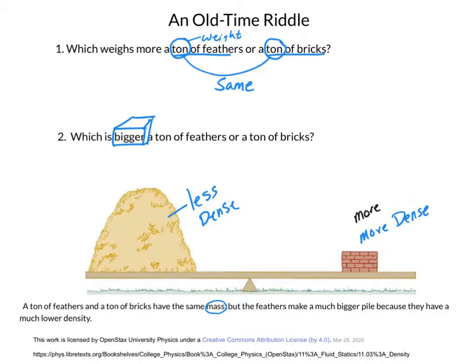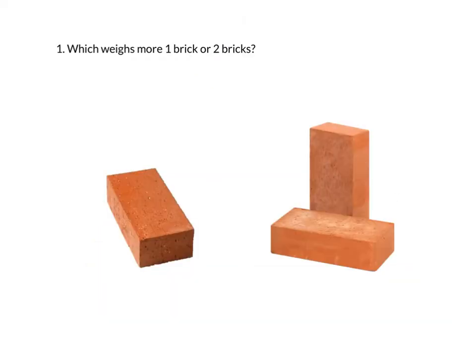And now I have a simpler question for you. Which one weighs more, 1 brick or 2 bricks? Well, this one should have been a lot easier for you. Assuming that the bricks are the same size and shape and style and made of the same chemicals, then we would find that the one with 2 bricks should be more massive, way more, than the 1 brick.